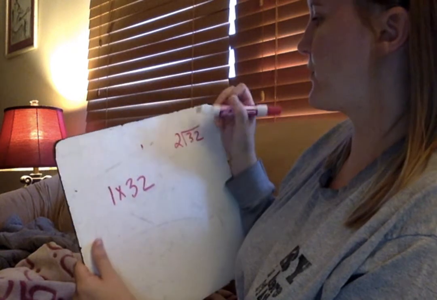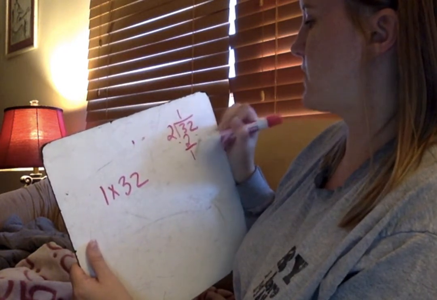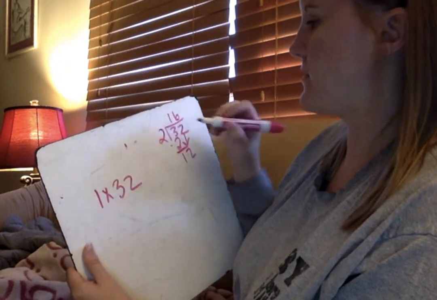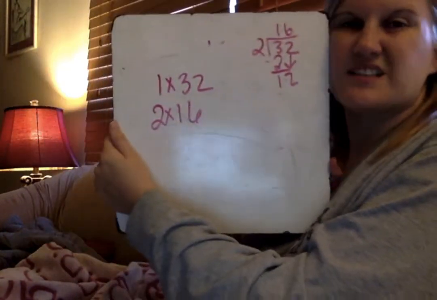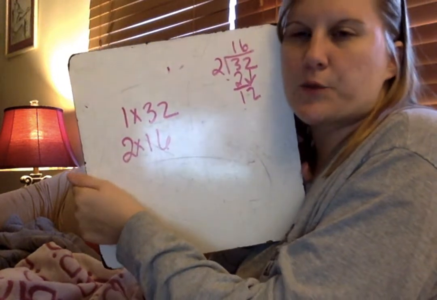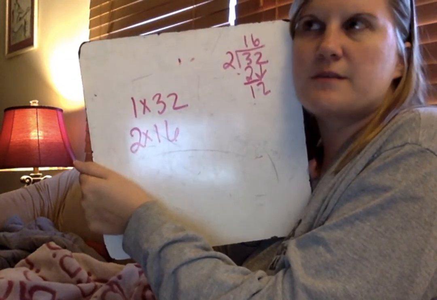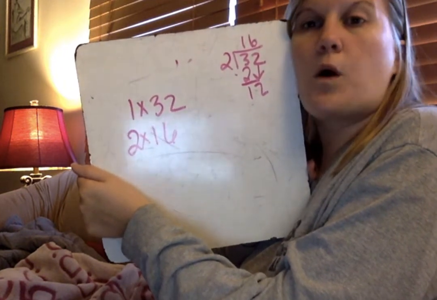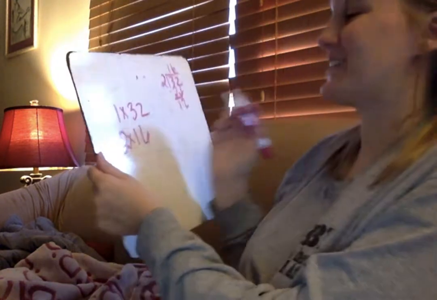Now 2 will go into 3 one time. 2 times 1 equals 2. 3 minus 2 equals 1. Bring down your 2. 2 goes into 12 6 times. So it would be 2 times 16. I did that fast, but since we haven't done factors, you can just go along with me. 3, well, I know 3 times 10 equals 30. 3 times 11 equals 33, so that can't be it. 4 times 8 equals 32.